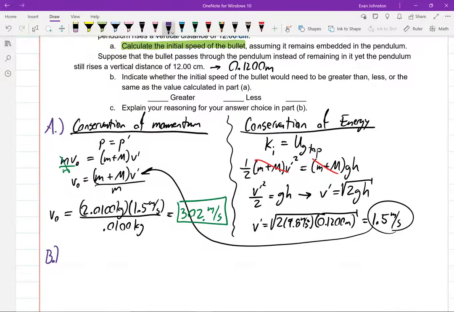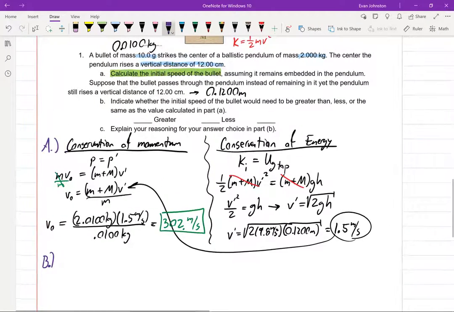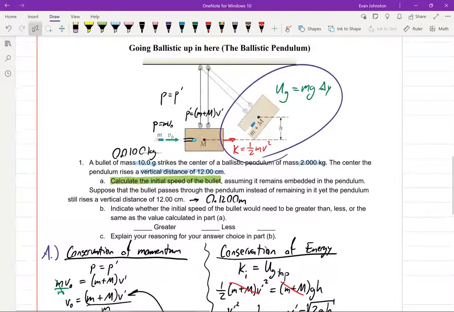And before I move on, I do want to point out that this is a great problem because it's forcing us to look at a portion where energy is conserved, and there's another portion where energy isn't conserved, but momentum is conserved. And so we actually can apply both, recognizing that the kinetic energy, the velocity right after collision, is the same as the velocity after collision.